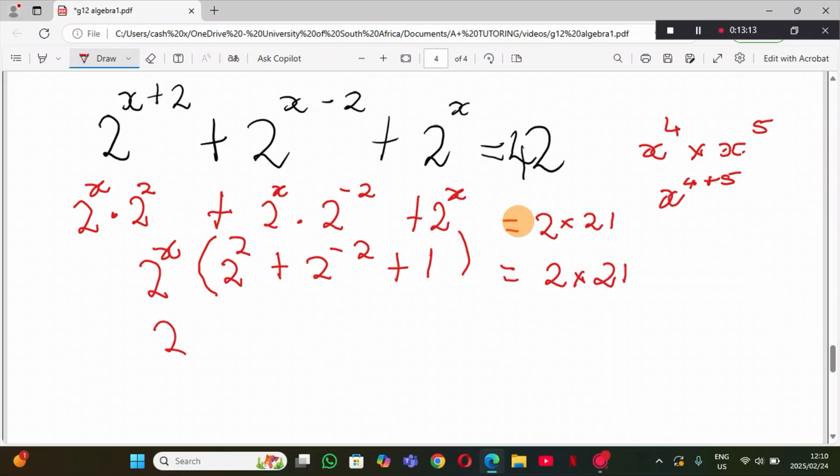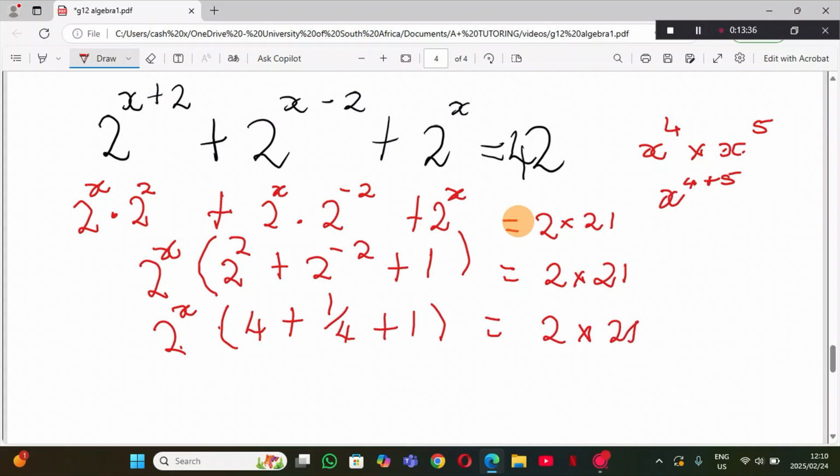We now have our 2 to the power of x multiplied by 4. What is 2 to the power of minus 2? That should be 1 over 4. So it's plus 1 over 4 plus 1 is equal to your 2 times 21.